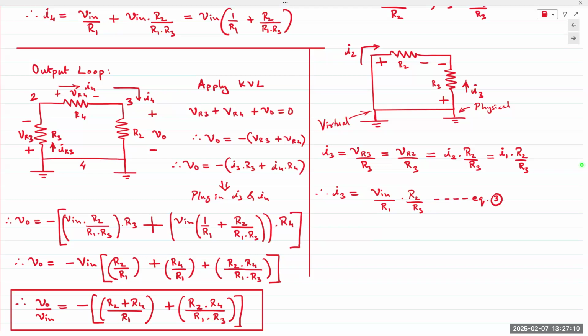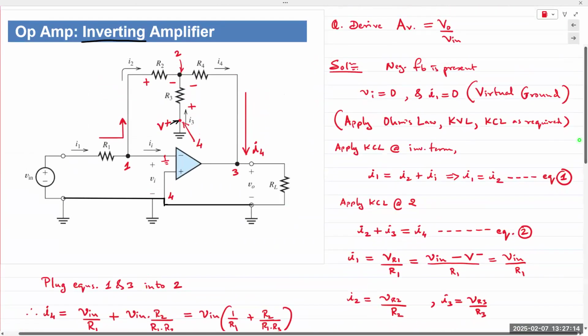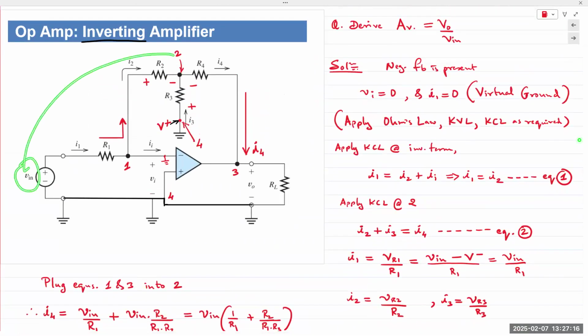We have steadily moved towards our output. Okay, we are halfway there. V in has moved halfway to here. Now we need to bring V out also in here. And for that, we look at the output loop.